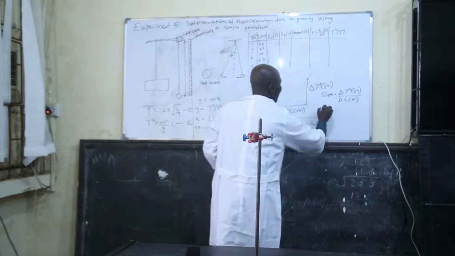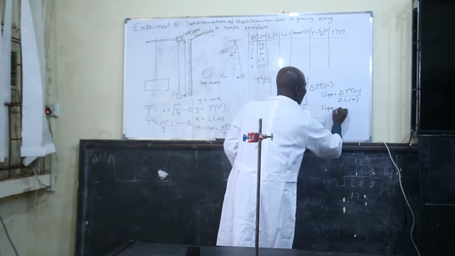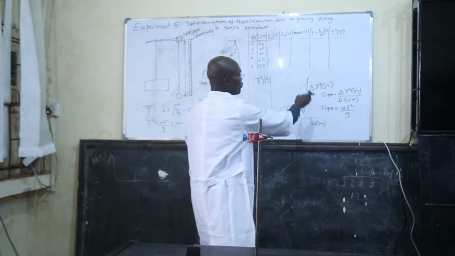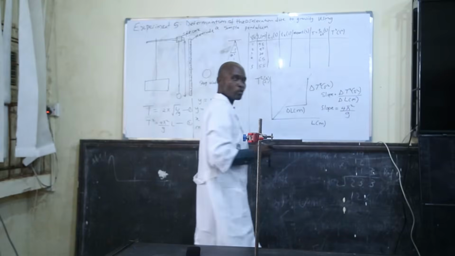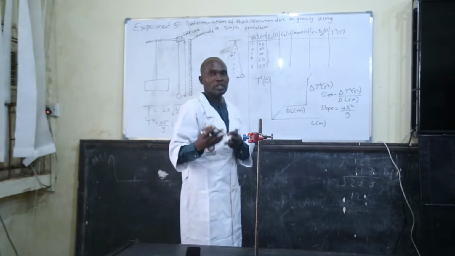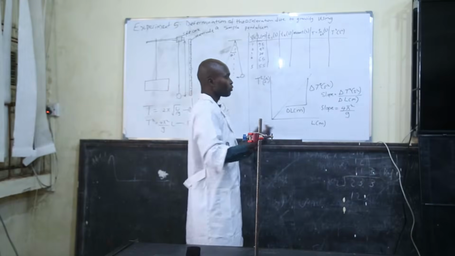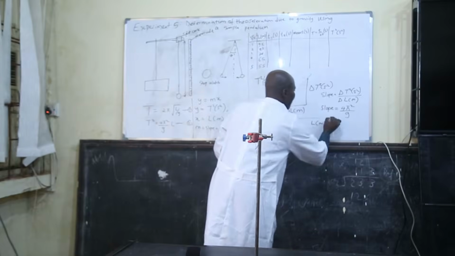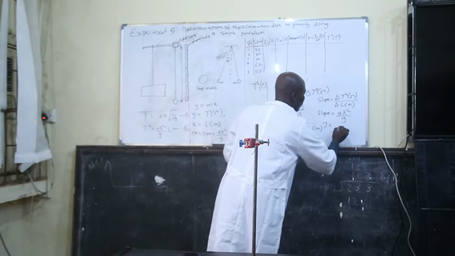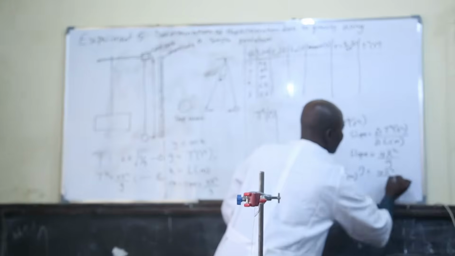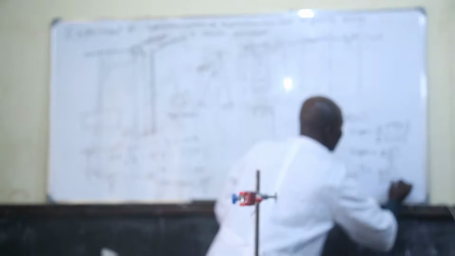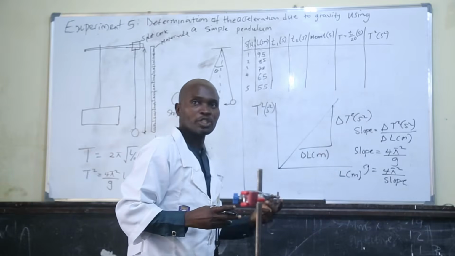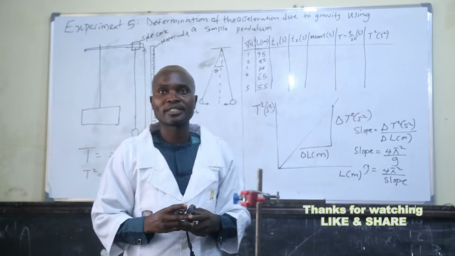Since you know the value of your slope, it will be easier for you to determine the value of g. Making g the subject of the formula, g is equal to 4 pi squared divided by your slope. So for this experiment, this is the value of your g. I think you understand. Thank you.